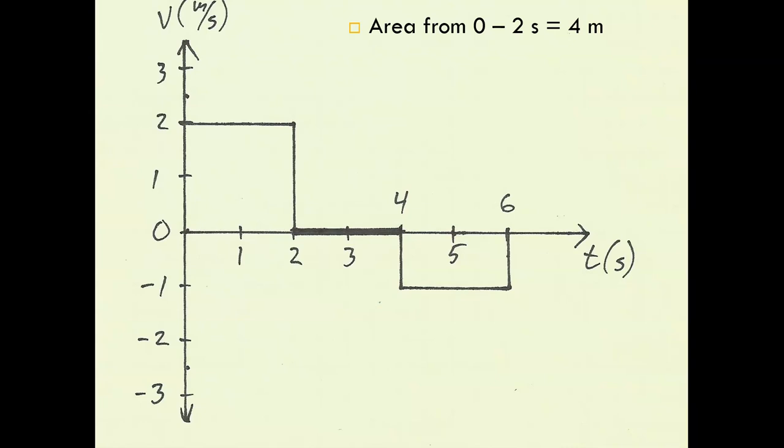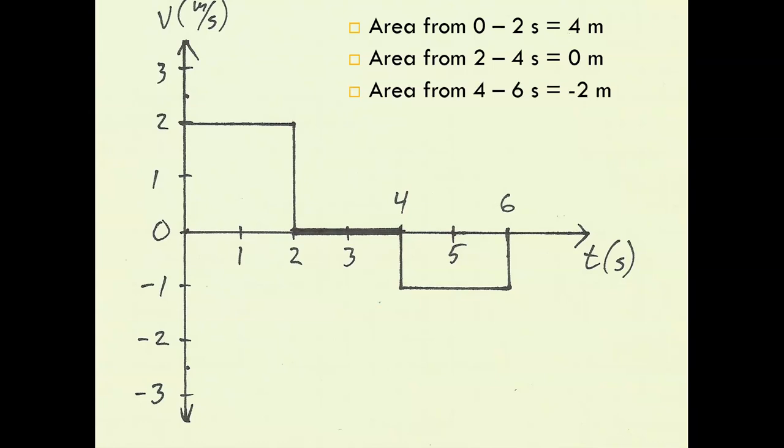From 2 to 4 seconds, what's the area here? 0, correct. So there's no change in position in that time interval. And then what's the area underneath the 4 to 6 second mark? -2. What that means is you're going to change your position -2 meters. You're going to move 2 meters towards the origin.